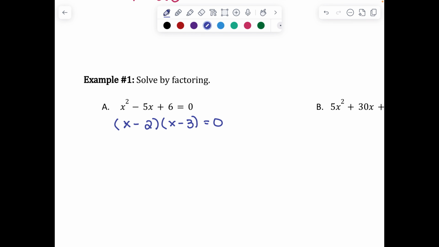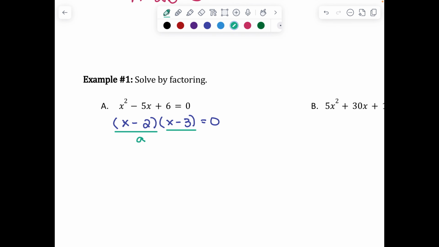That's equal to 0. So where the zero product property comes into play is this x minus 2 is our A. This x minus 3 is our B. At least one or both of those have to be equal to 0.